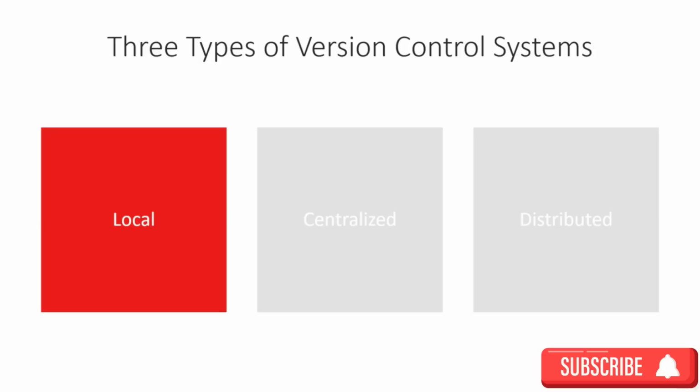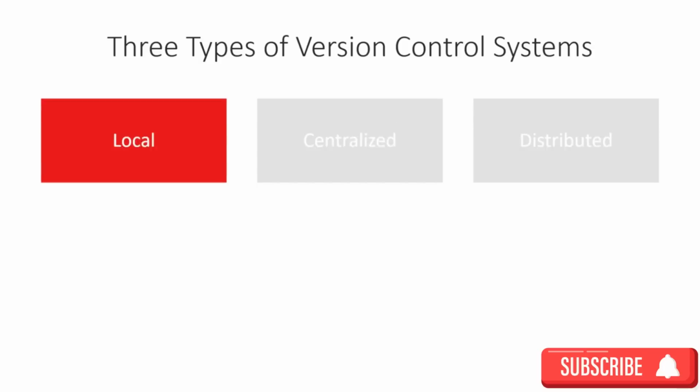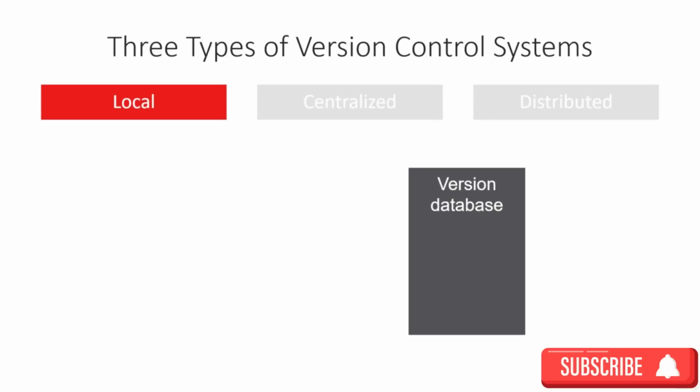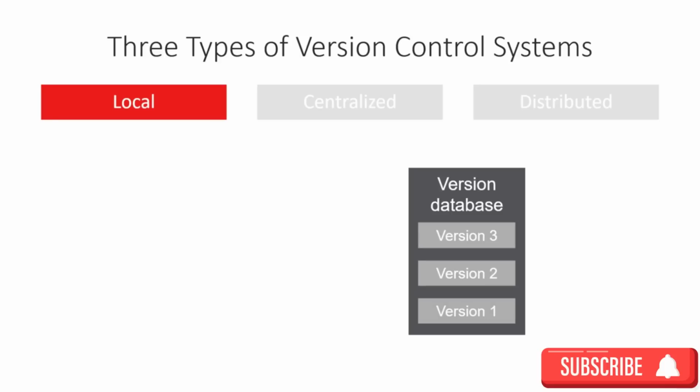local version control systems. In a local version control system, you have a so-called version database on your computer. This version database stores different versions of your source code. From that version database, you can get a file for a specific version.